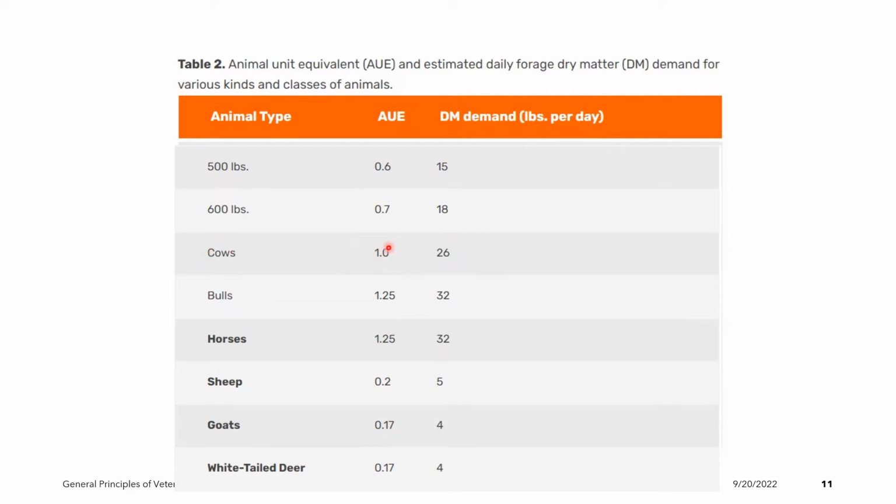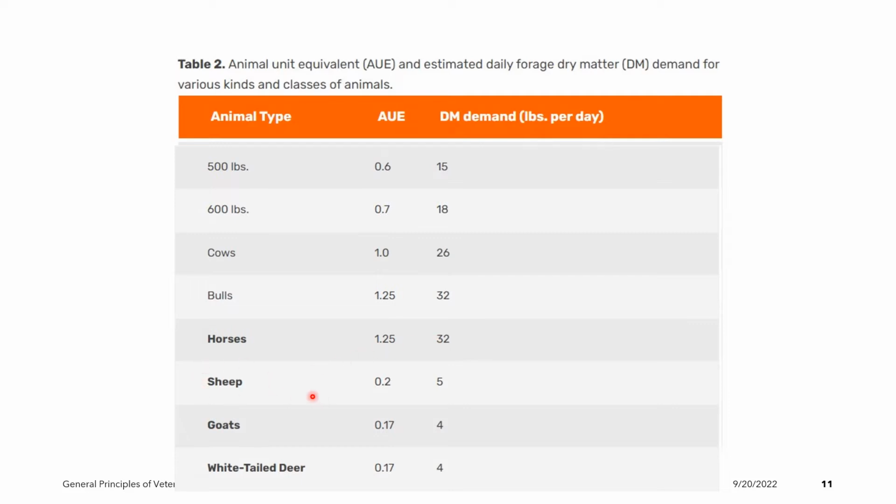One cow is our animal unit, and its daily demand is 26. So we multiply our animal unit equivalent, 1.25, with 26, and the result is 32.5 or 32.